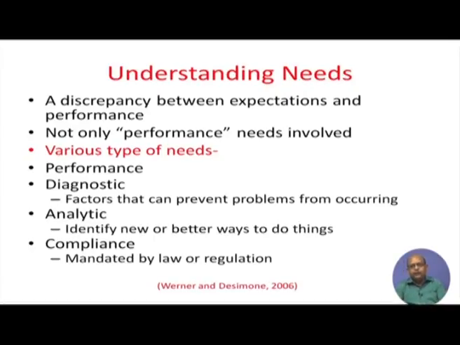So, instead of so many taxes that you have, now you are going to have a goods and services tax from 1st of July. So, this is a mandate by law and regulation. Every company has to go for this kind of regulation, GST. So, they need to train people, they have to see how they are going to implement it in the organization. So, this is something that is complied with by law, okay, and that is how the need arises, right.